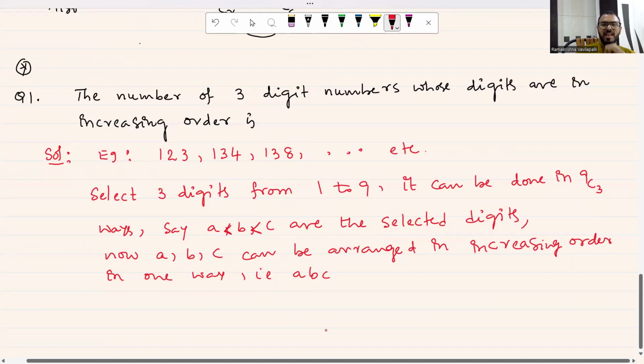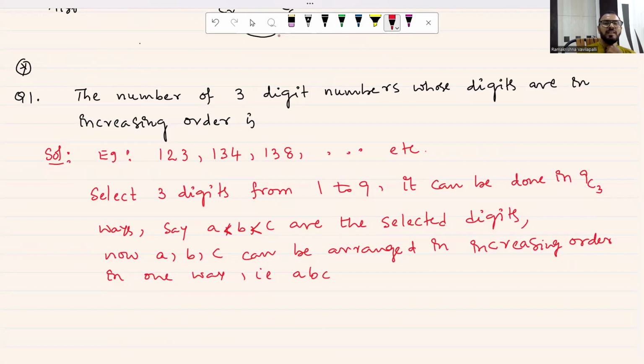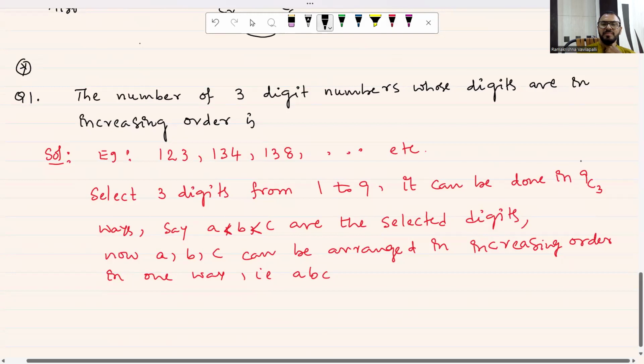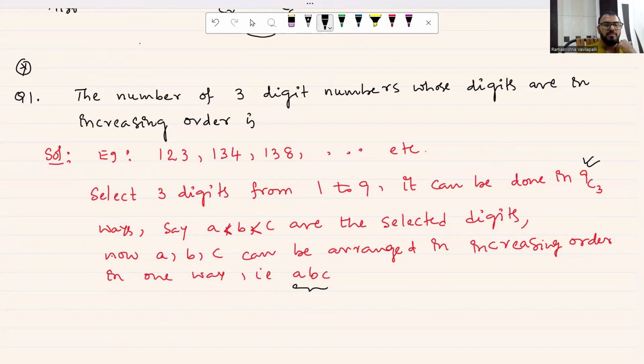See, there are 9C3 selections. For each selection, you will get only one 3-digit number.